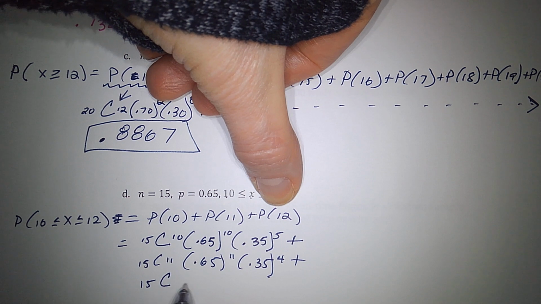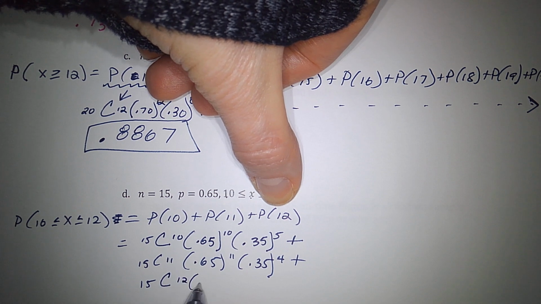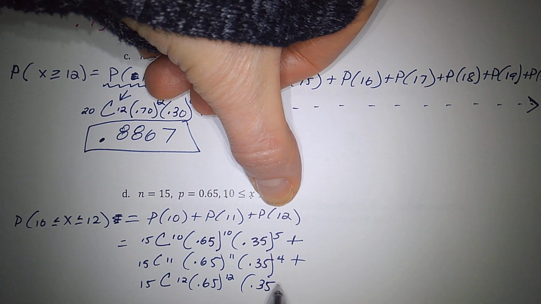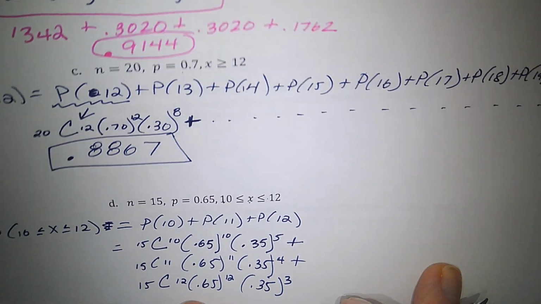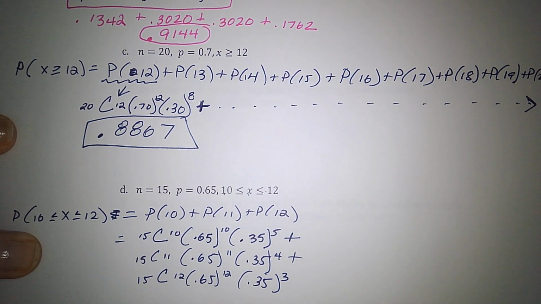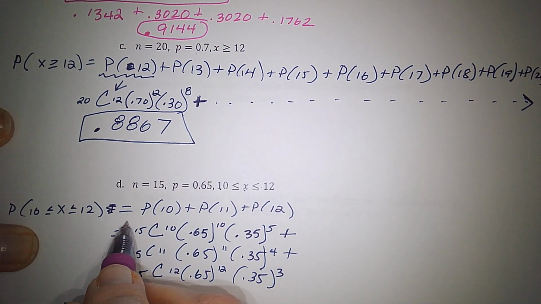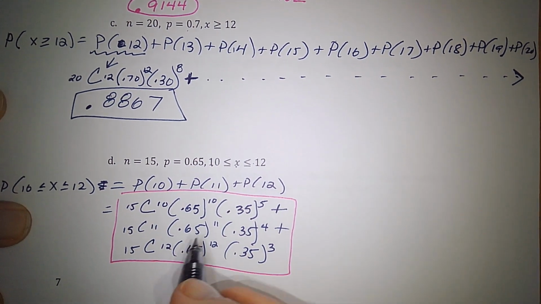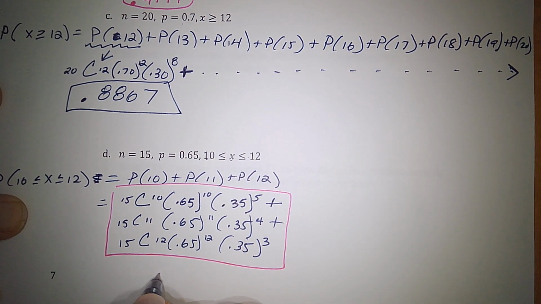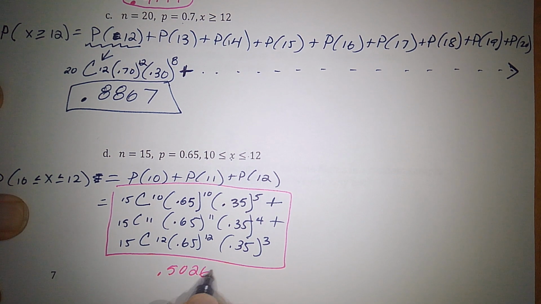So that's going to be 15 C12, 12 successes, which means I'll be left with 3 failures. So when I put all of this into my calculator and I add all 3 probabilities up, you're going to get a total probability of 0.5026.